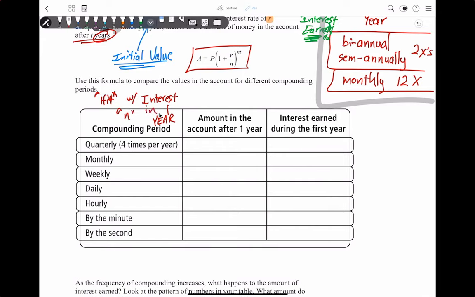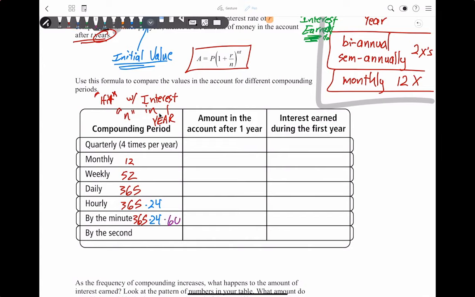Quarterly is going to be 4 times a year. Monthly will be 12 times a year. Weekly is 52. Daily is 365. And then hourly is 365 times 24 because there are 24 hours in a day. By the minute, it's basically 365 times 24, because that's how many hours, and then how many minutes are there in each hour?